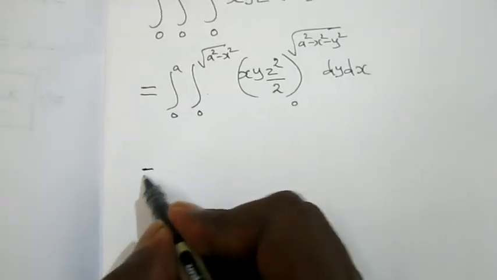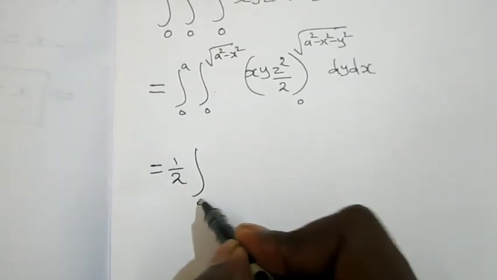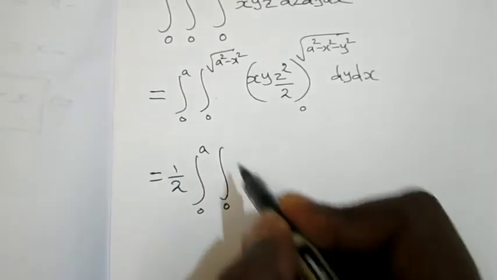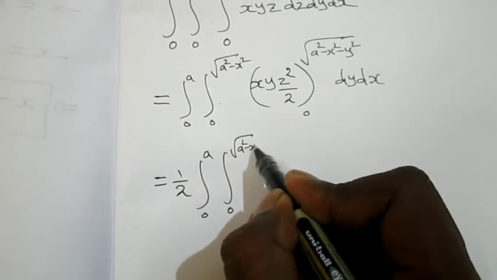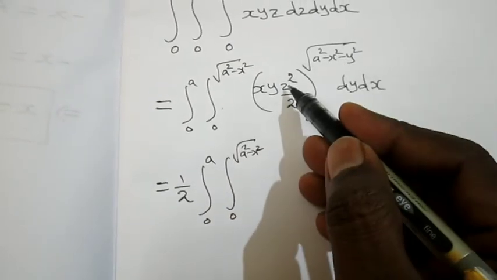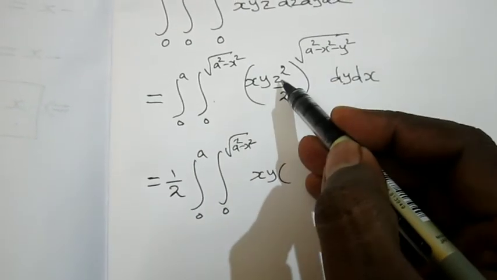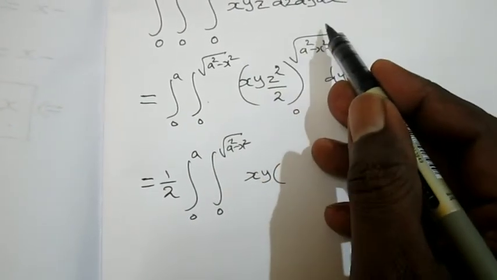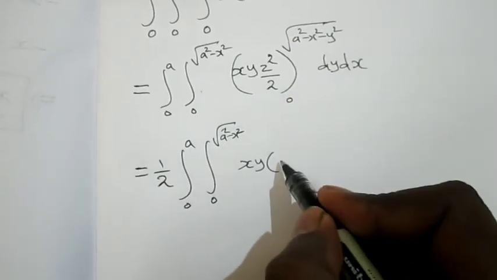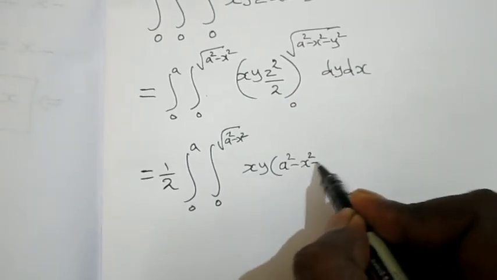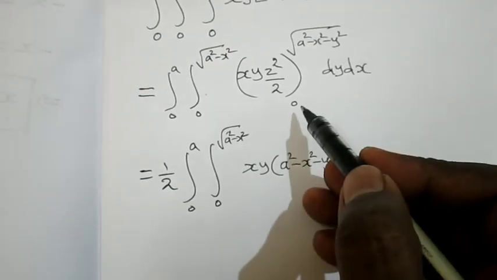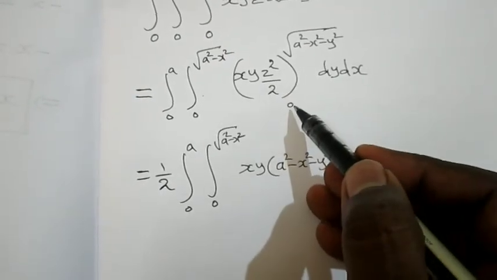Taking the 2 outside, we get 1/2 integral 0 to a, integral 0 to root of a² minus x², and substituting the limit for z, the square and root cancel, leaving xy times (a² minus x² minus y²). We don't need to substitute the lower limit because it is 0.